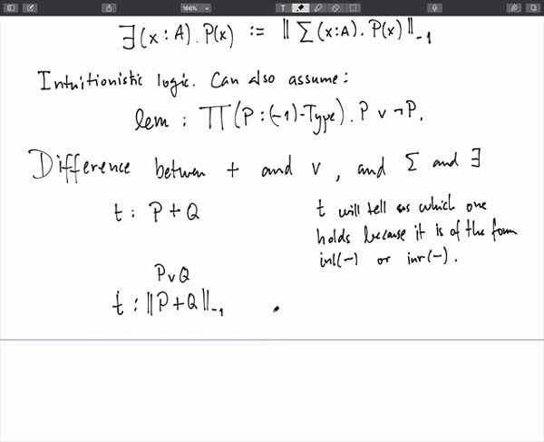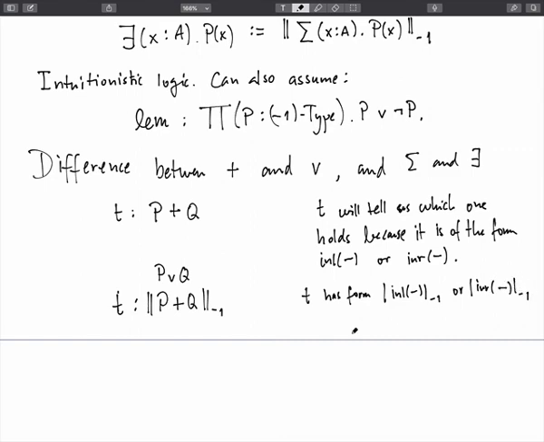Then t does not tell us which one holds. Why is that? Well, t has the form truncated in left of something, and it could also have truncated in right of something.